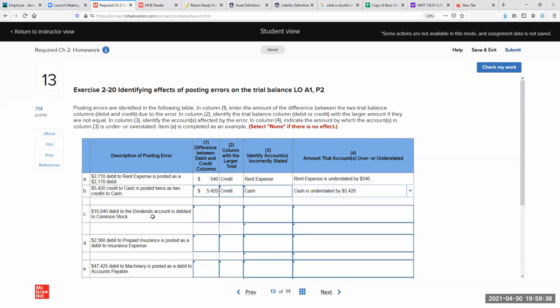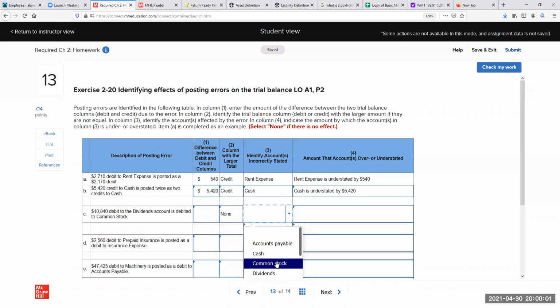Now 10,000 debit to dividends is debited to common stock. So there's not going to be anything there because common stock went down, but you didn't mess up. It's not like it's twice or anything. I don't think either one has a larger amount. Identify accounts incorrectly stated.